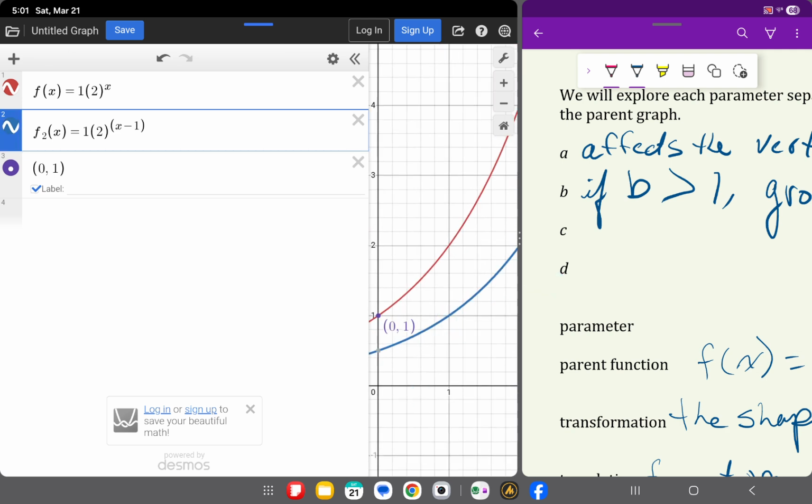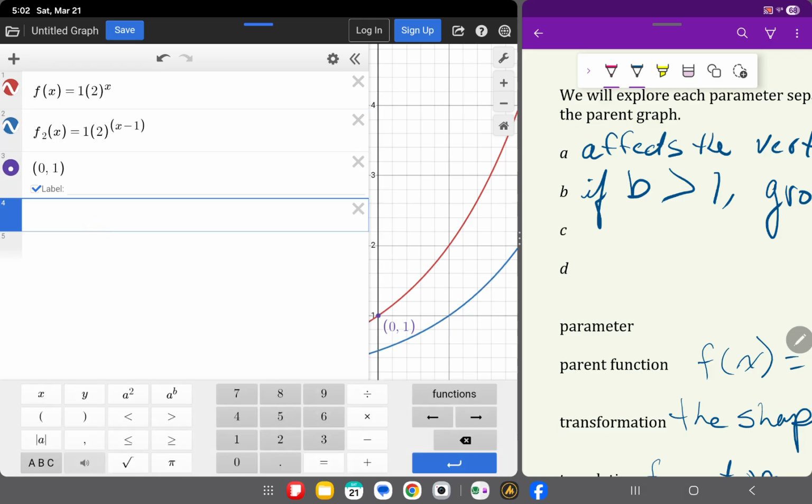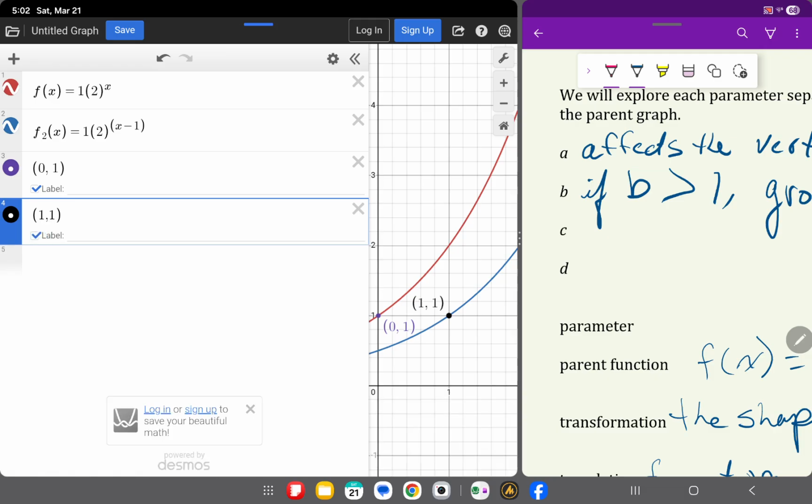Okay, what if I put in 1, 1? Sometimes you have to do it's 1, 1. There we go. And I wanted to put that label on.